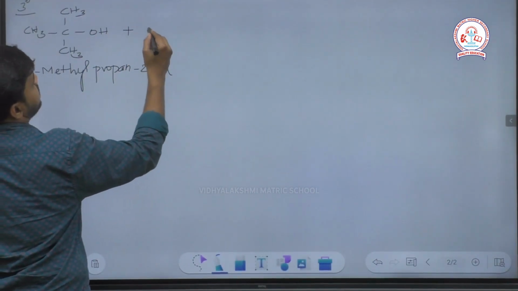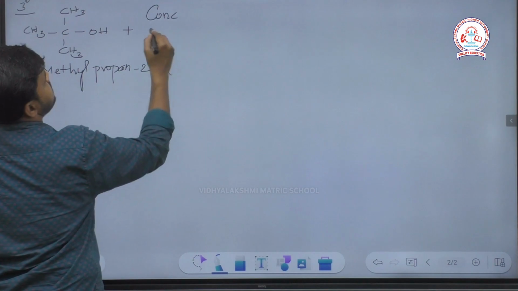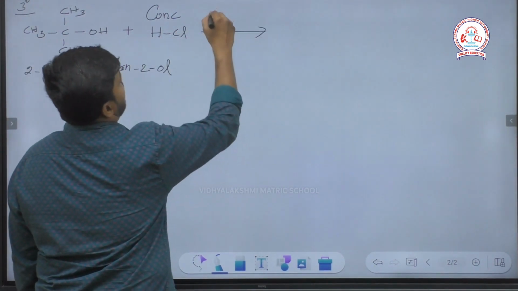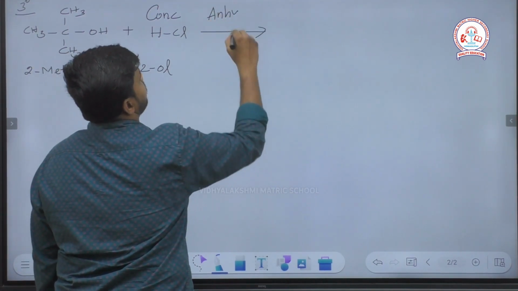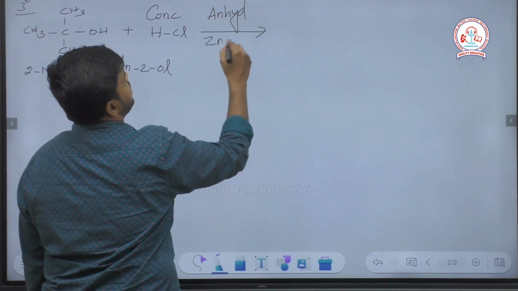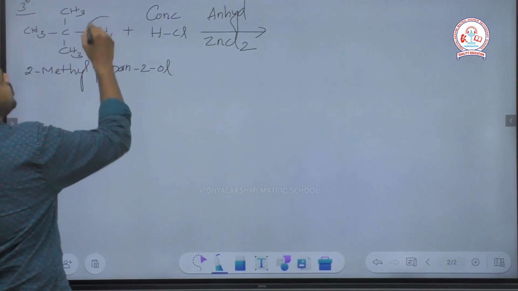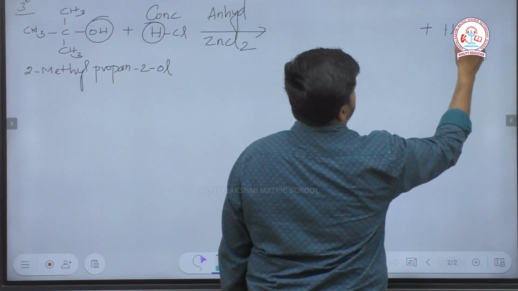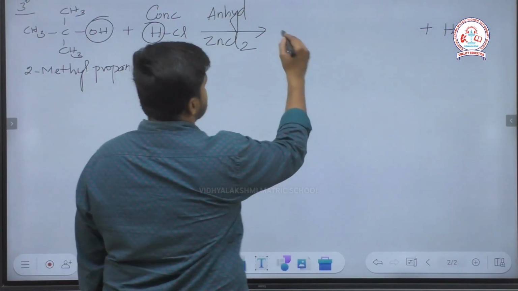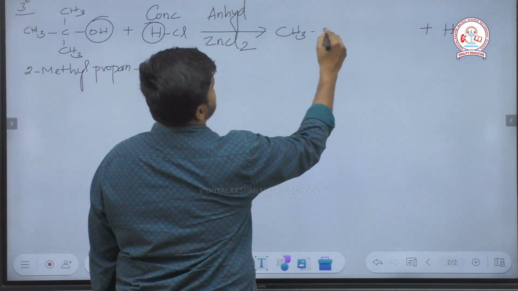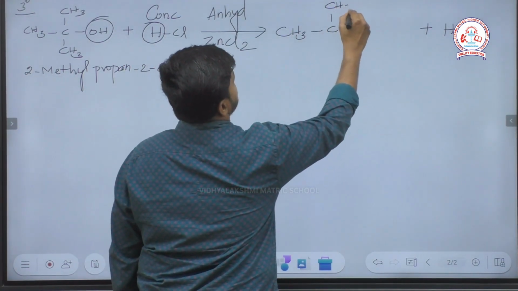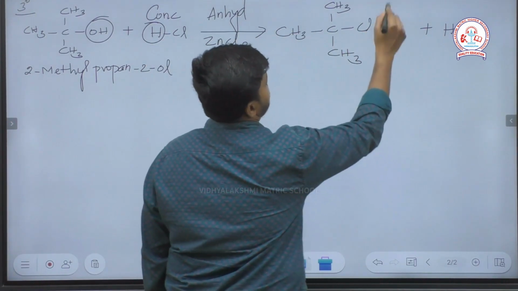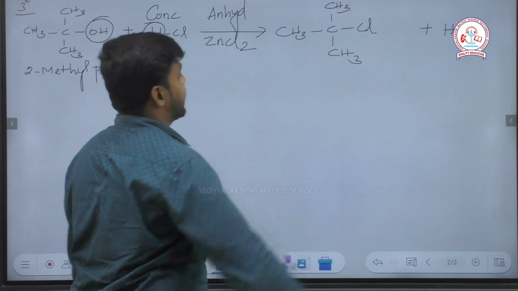When this is treated with concentrated HCl in the presence of anhydrous zinc chloride, this OH will take up this H and go as H2O. It goes as a water molecule. The product is CH3, C, CH3, CH3, and on the right side we have Cl. See, OH is replaced by Cl. It's a substitution reaction.